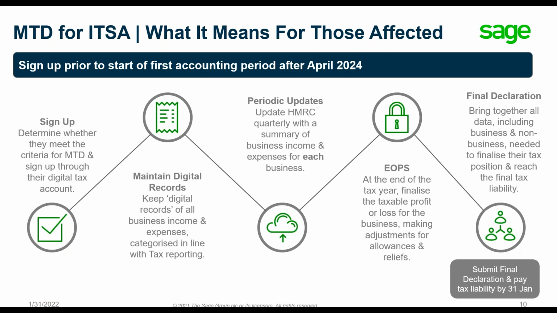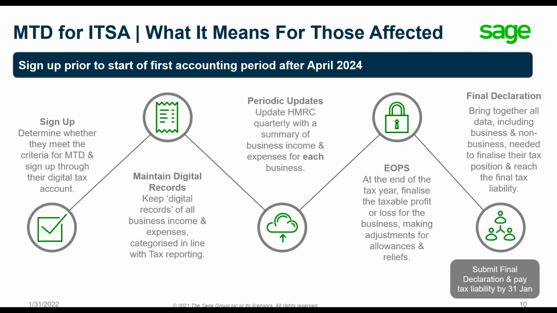So for Making Tax Digital for Income Tax Self Assessment, the main change is that self-employment and property reporting now falls under MTD. So effectively, the SA 103 and 105 schedules are replaced with periodic updates, which will be at least quarterly, and an EOPS are sent to HMRC outside of the annual self-assessment process.